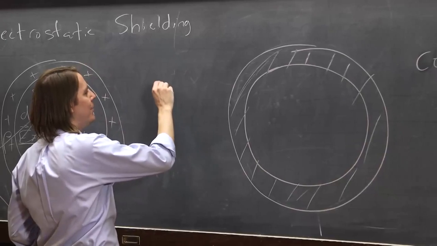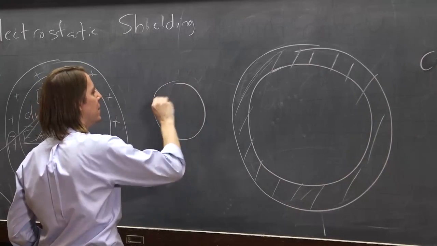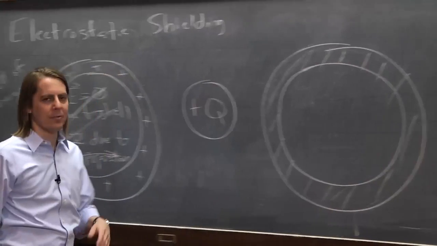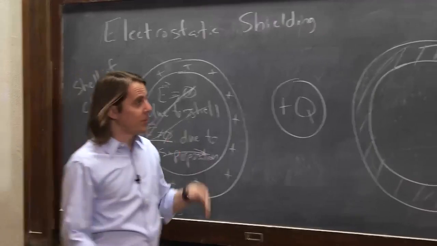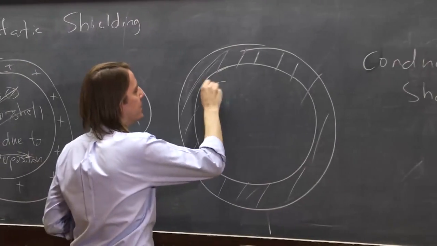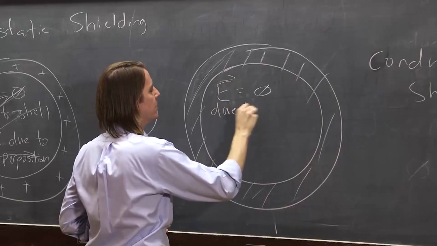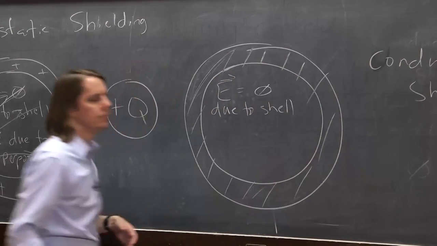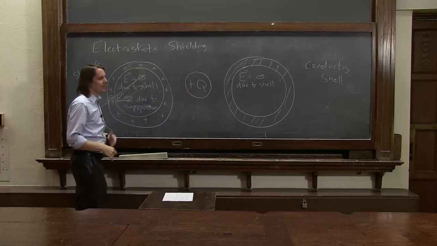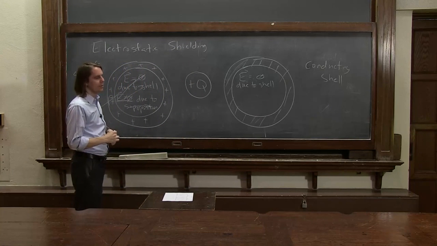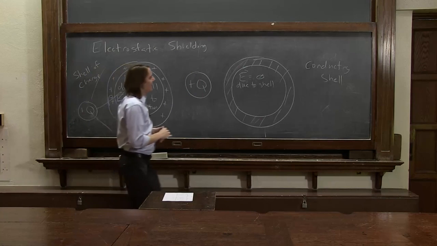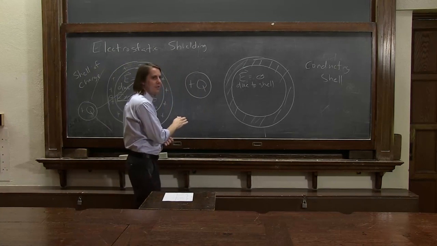Let's think about how a metal or a conducting shell might be different. When the conducting shell is neutral, or even if it's charged, E equals 0, again due to the shell. The shell itself makes no field. The question is, does it shield from an external charge? And now this will, because it's different.